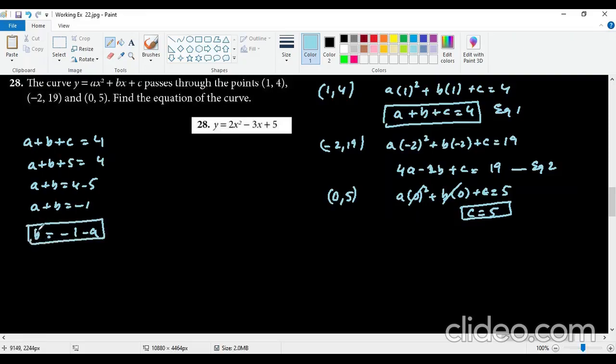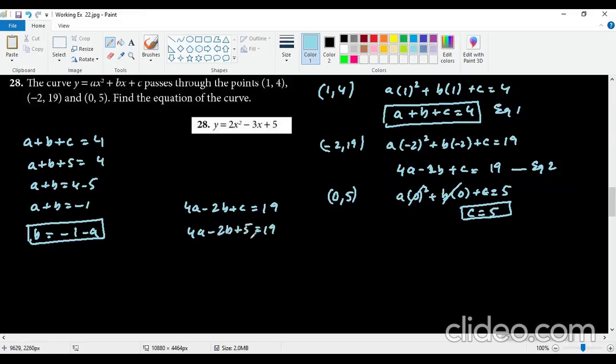Now I know very well it is 4a minus 2b plus c equals 19. 4a minus 2b plus 5 equals 19.